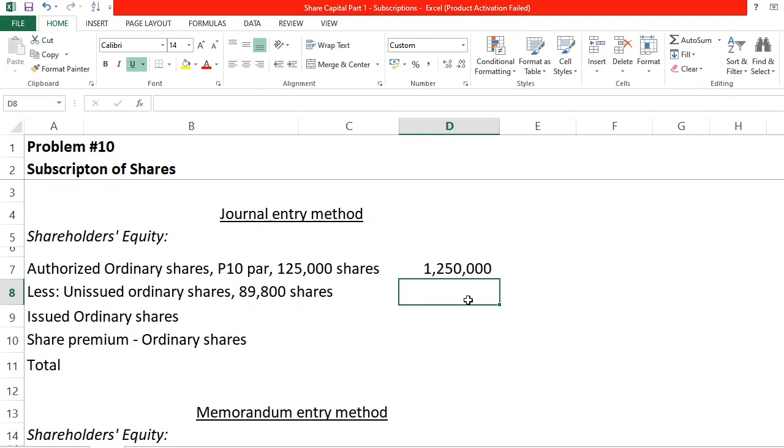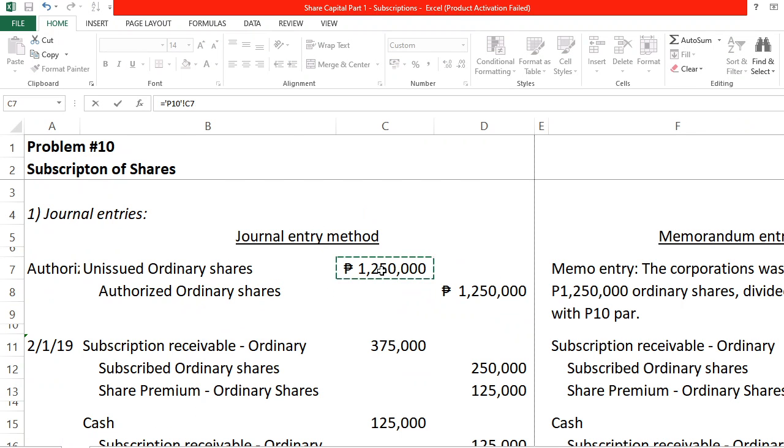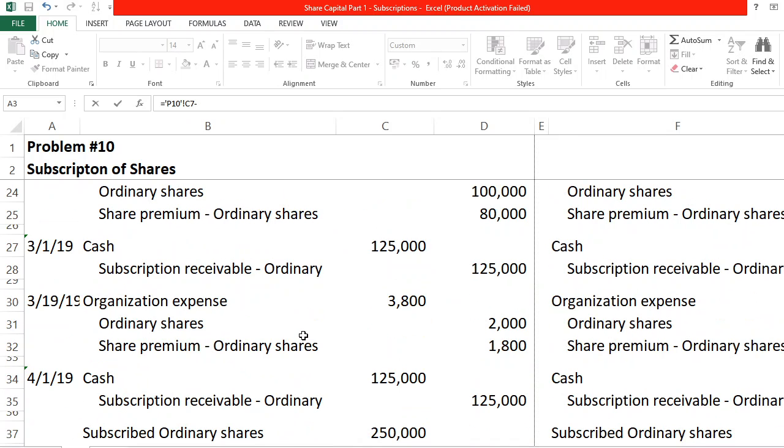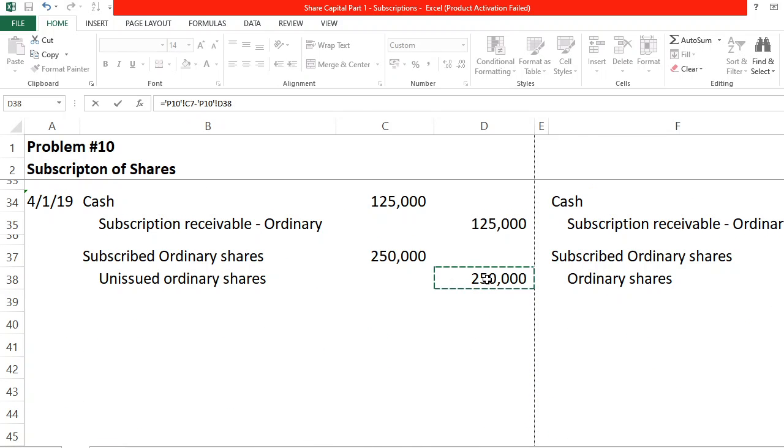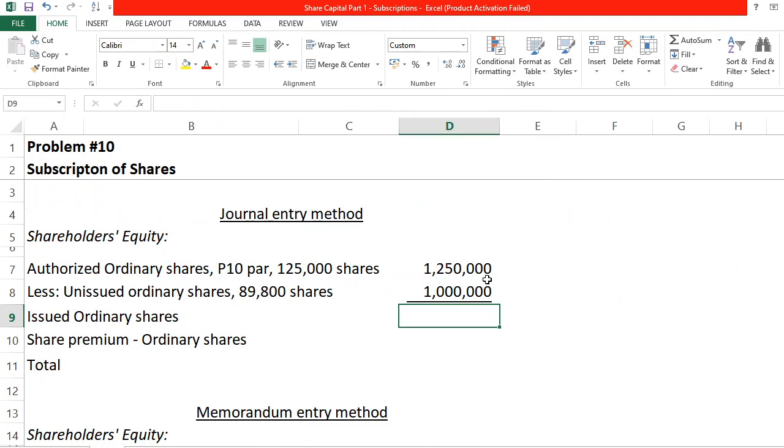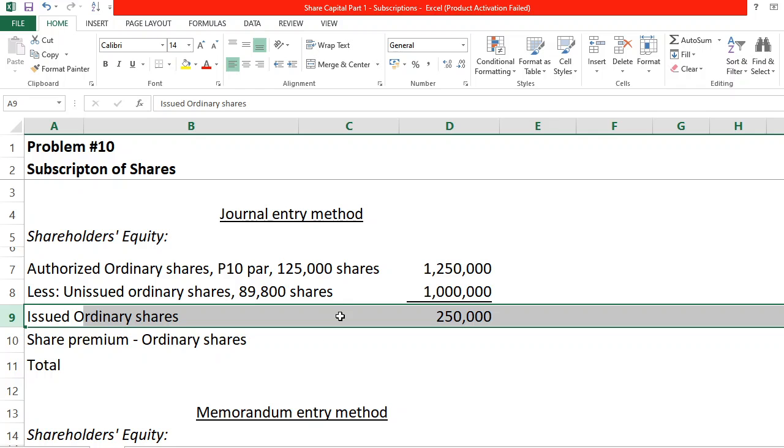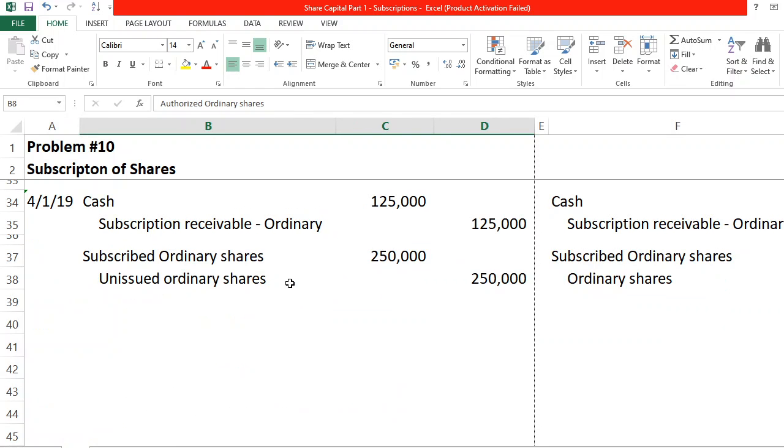Our unissued ordinary shares is the beginning 1 to 50 minus what was reduced, right? Because we have issued some of these. So, what remains, we just have to deduct that, equals issued ordinary shares. If we look at it, that is the issued.